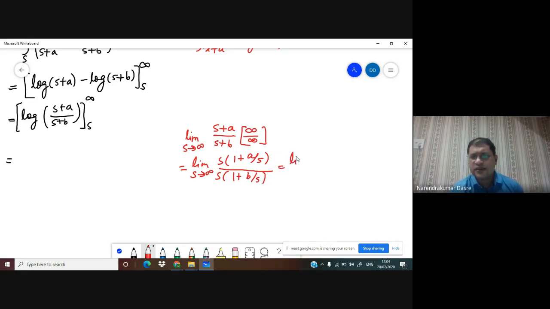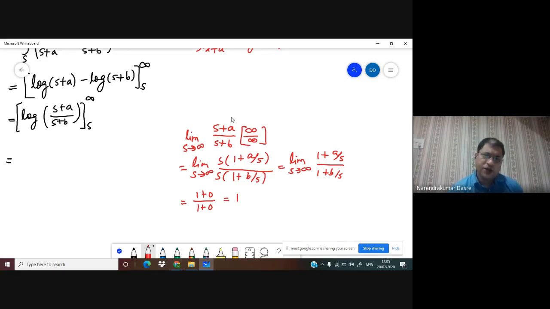By cancelling this, we get the limit as s tends to infinity of 1 plus a by s upon 1 plus b by s. So what you get here is 1 plus 0 upon 1 plus 0, and this is going to be 1.